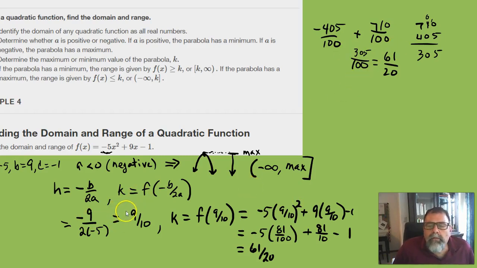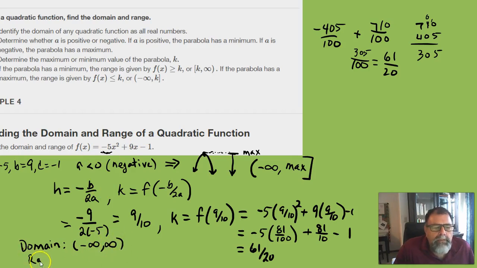Okay, so then my domain, remember there's no funny business going on here, so typically if it's a quadratic function, your domain is going to be all real numbers, negative infinity to infinity.